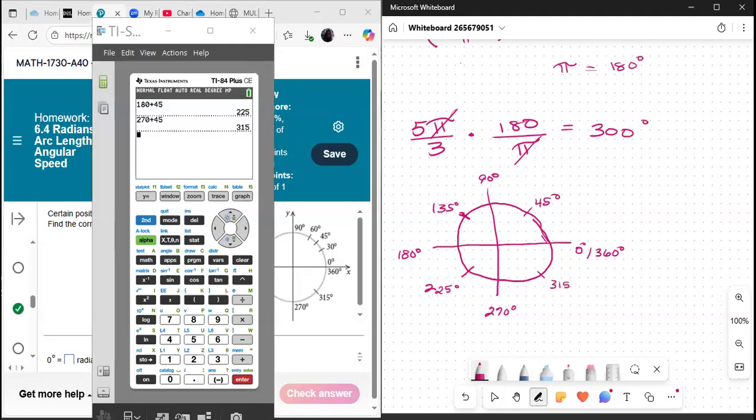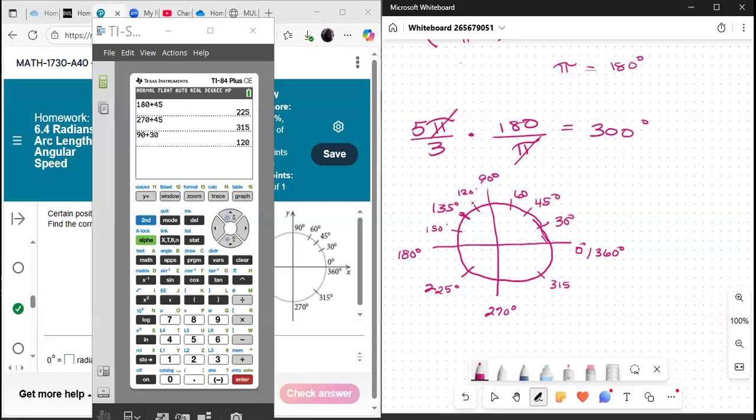Then we can look at the 30 and the 60. So we add 30 to 90. So 90 plus 30 is 120. And 120 plus 30 is 150, and so forth.